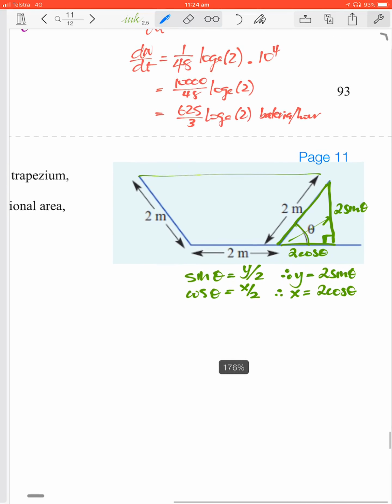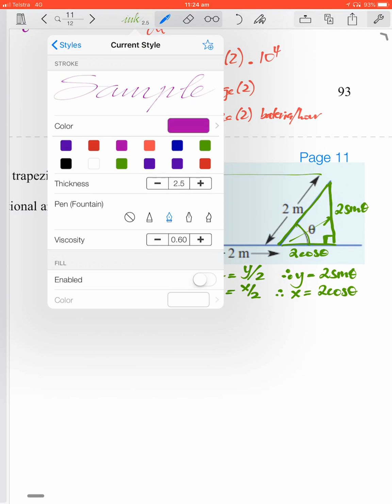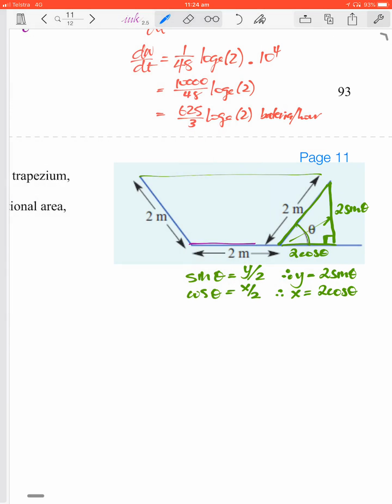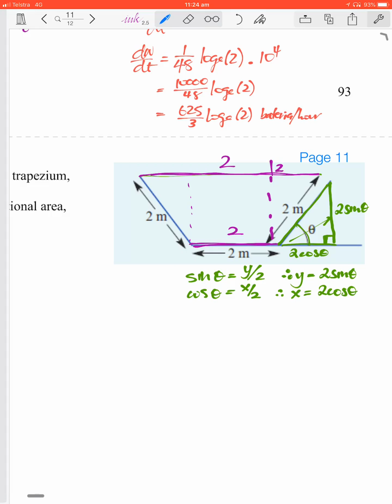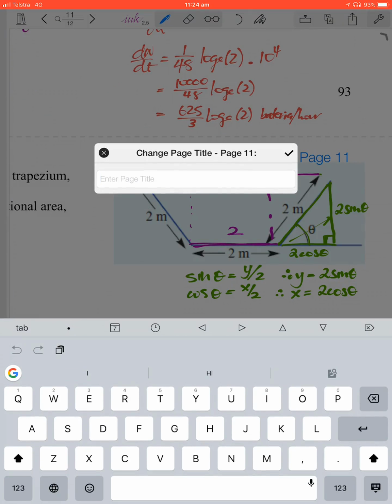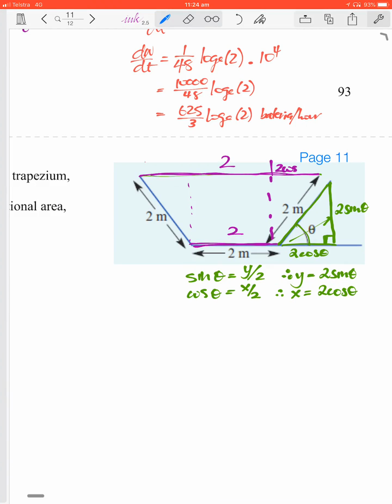Now, to work out the area of the trapezium, we need this length, which we know is 2. We need the top length. Well, that part there is 2. We know that this length from here to here is 2 cos theta, and this length from here to here is 2 cos theta.